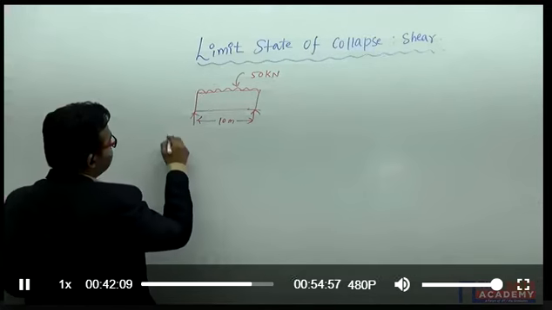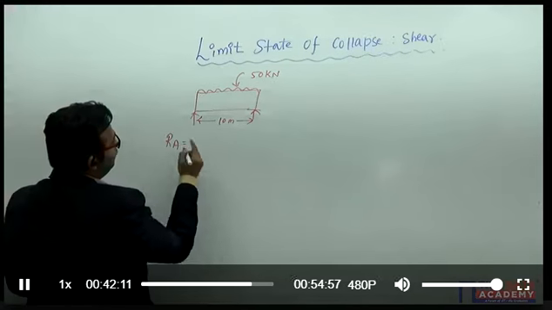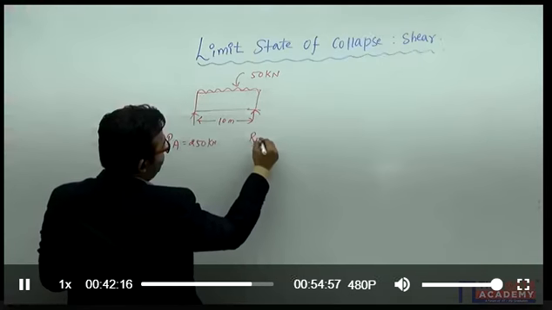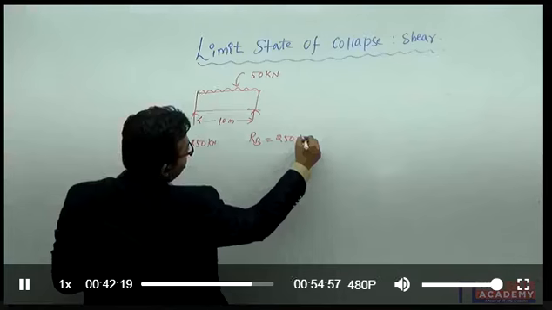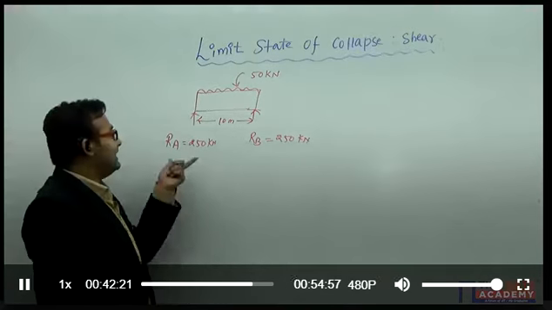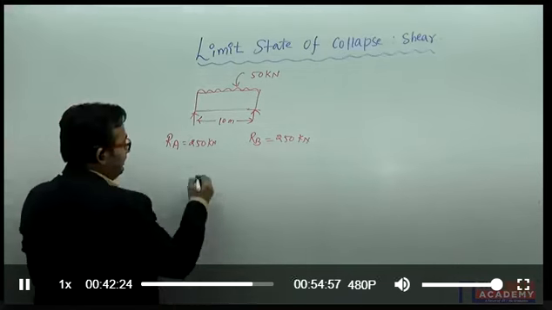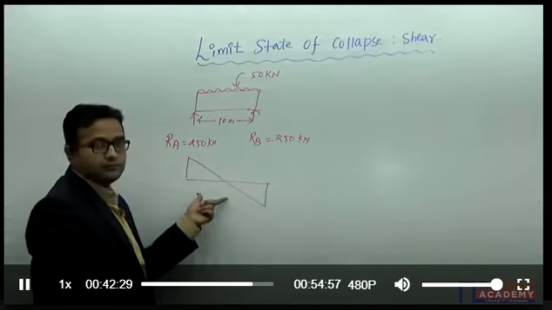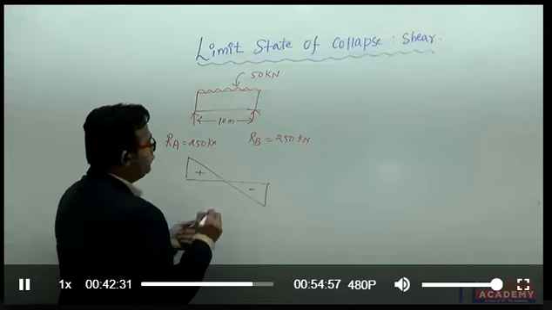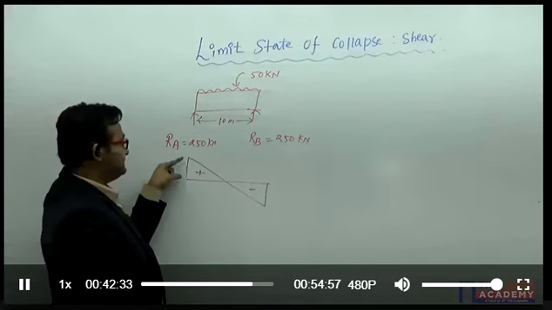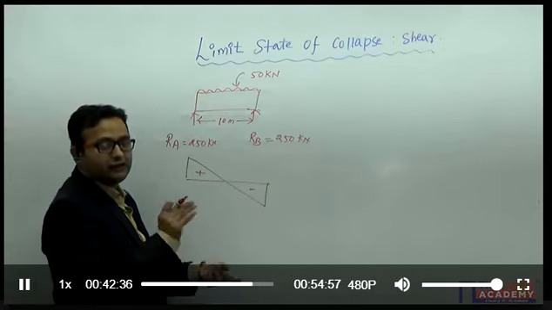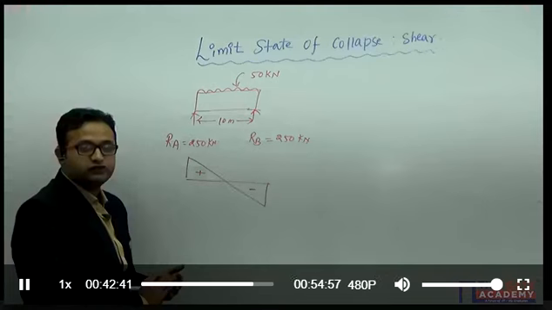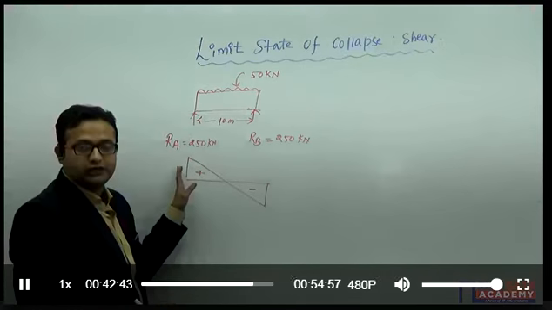So the total reaction at support RA will be equal to 250 kilonewton, and definitely at support RB, it is also equal to 250 kilonewton. Suppose this is the shear force diagram. It is positive, it is negative. So we can see except at the support, at other locations the shear force is less. The maximum value of the shear force we can observe near the support only.